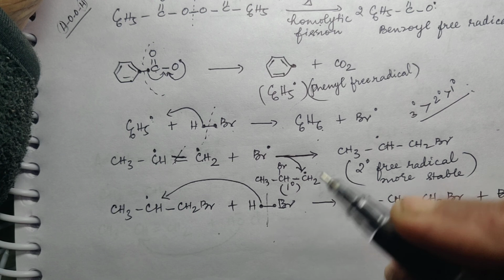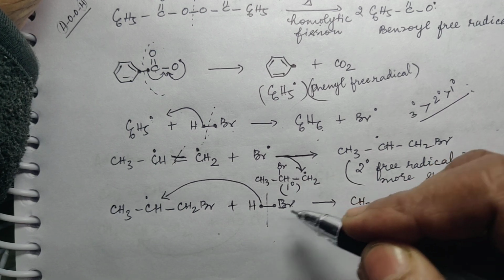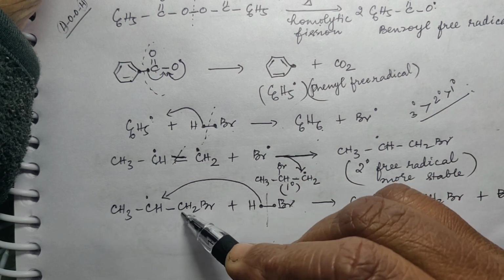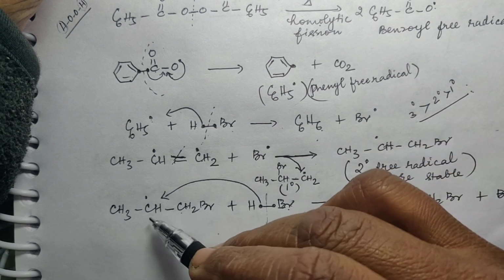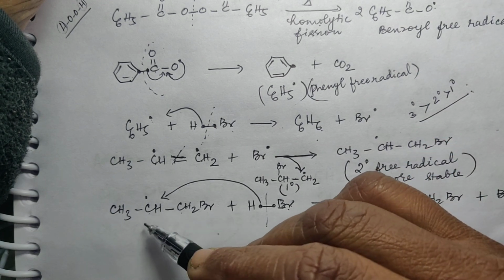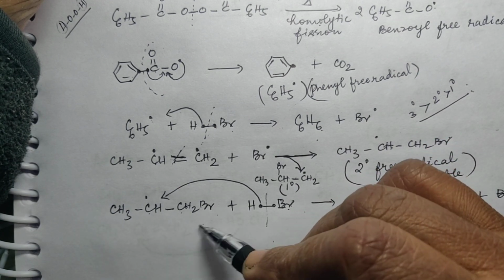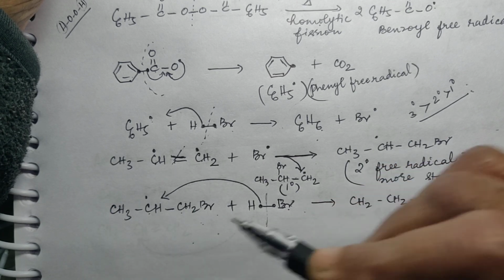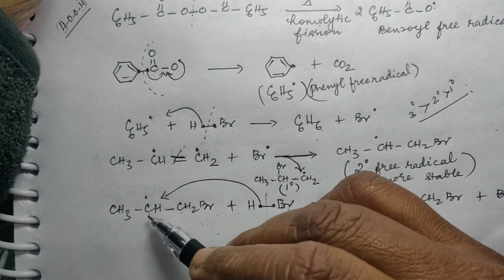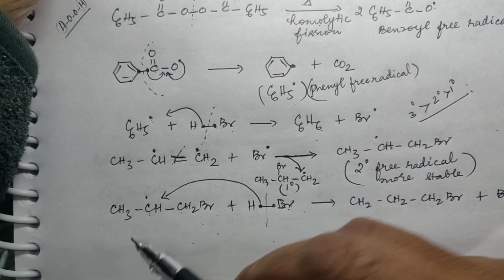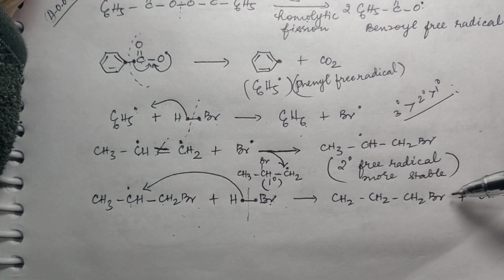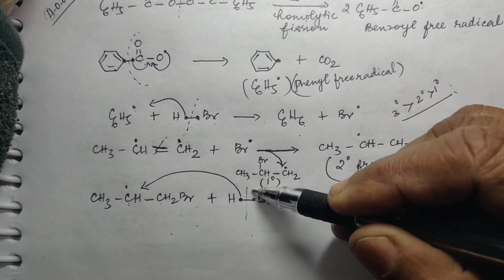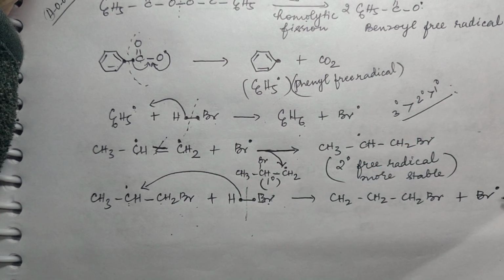Now you can ask me, why can't Br dot go? Br is already there on this carbon. If this Br also goes here, then the electron clouds of both Br atoms, which are bigger in size, will hit each other. So preferably H dot will go here. With the result, you will get this as the product, and this Br dot will be left.